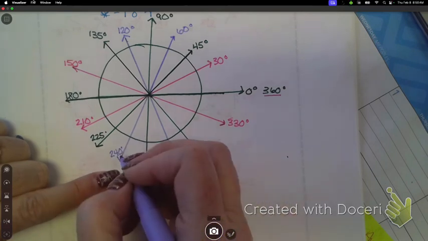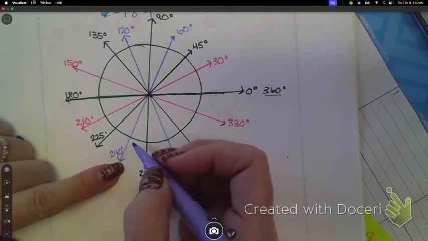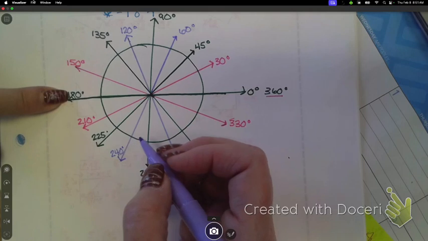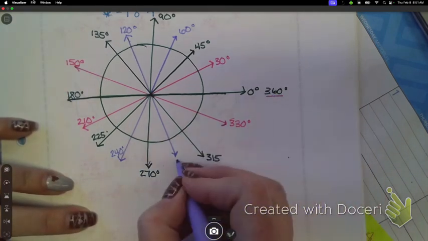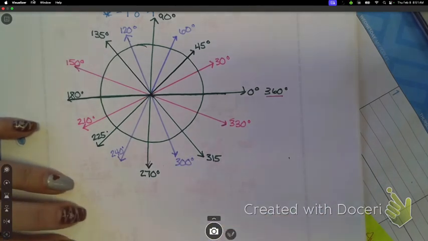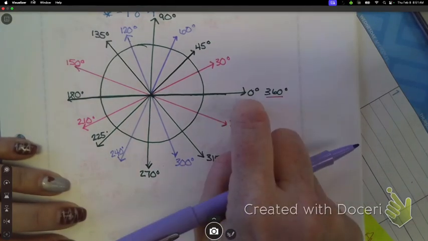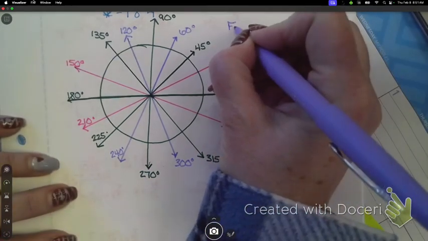So 240 is a 60-degree angle in the third quadrant because it is 60 degrees away from the x-axis. Okay? So 360 minus 60, 300, is the 60-degree angle in the fourth quadrant because it is 60 degrees away from the x-axis. Yeah. So this is figure 22.